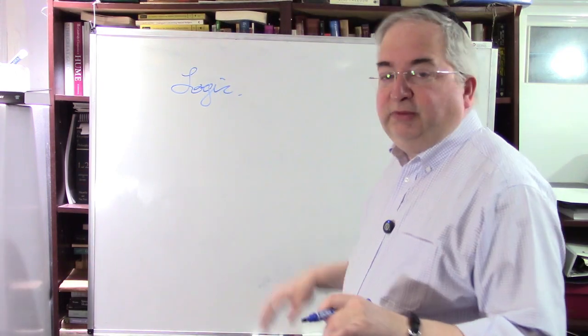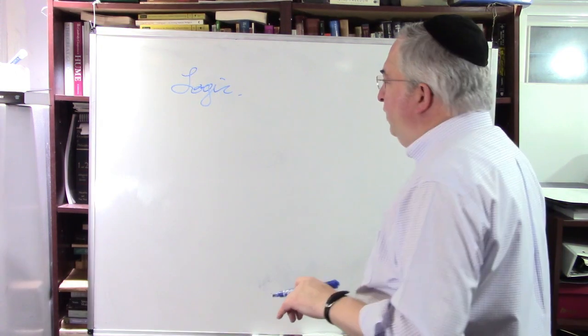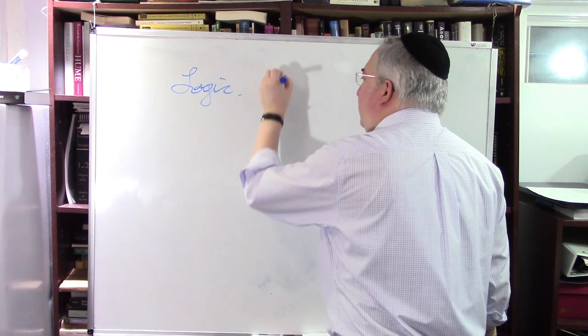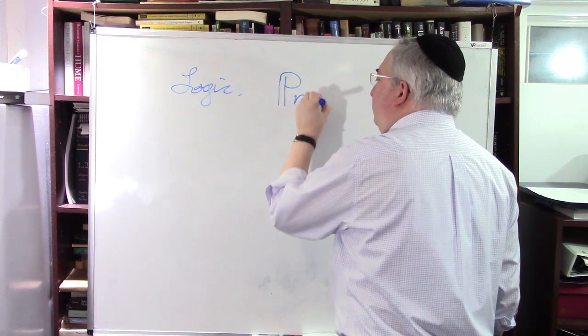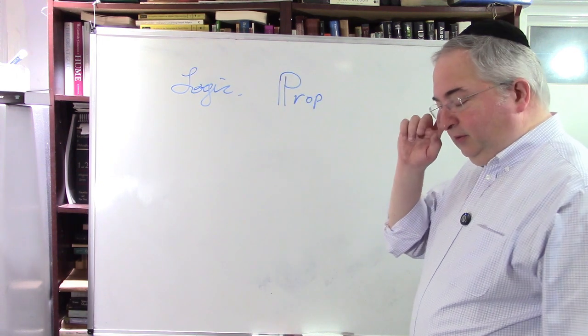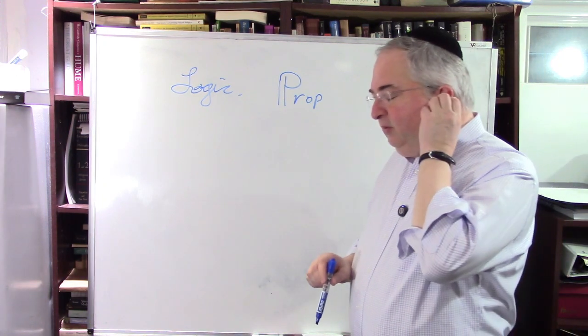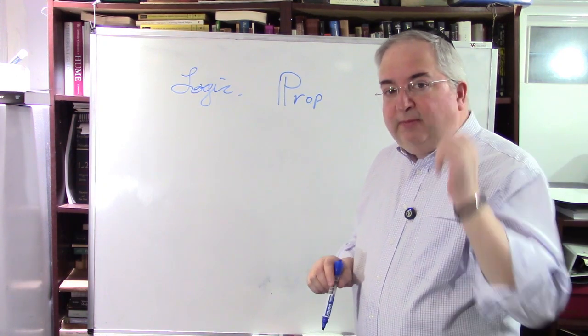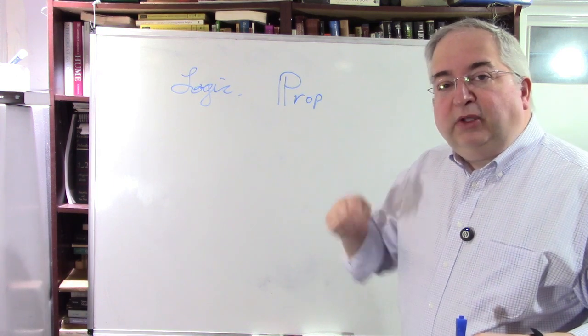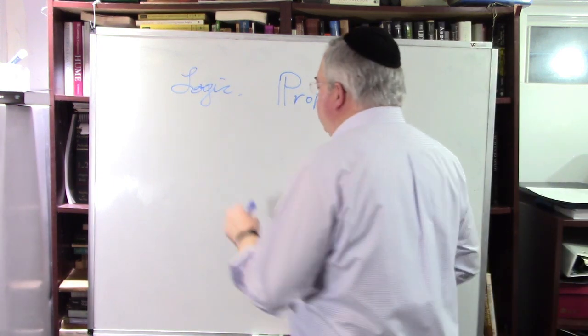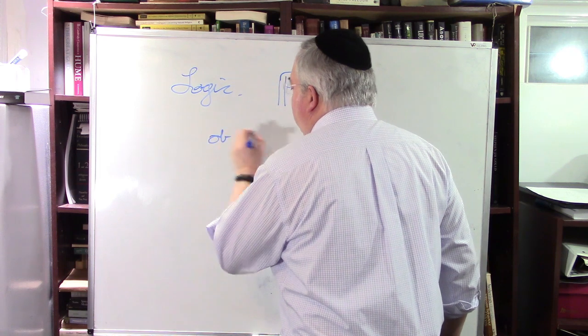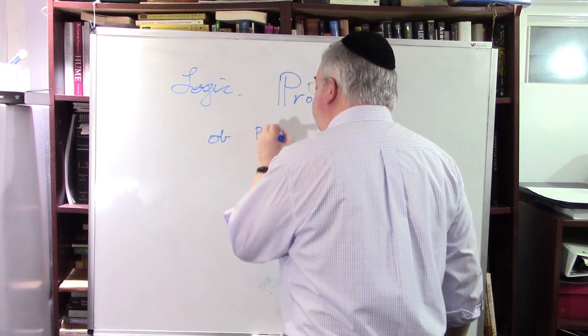So you should expect to see examples all over. Let's talk about another category. It's called Prop, for proposition. This is what logic is all about. It's about propositions, statements that are either true or false. So the objects are going to be propositions.